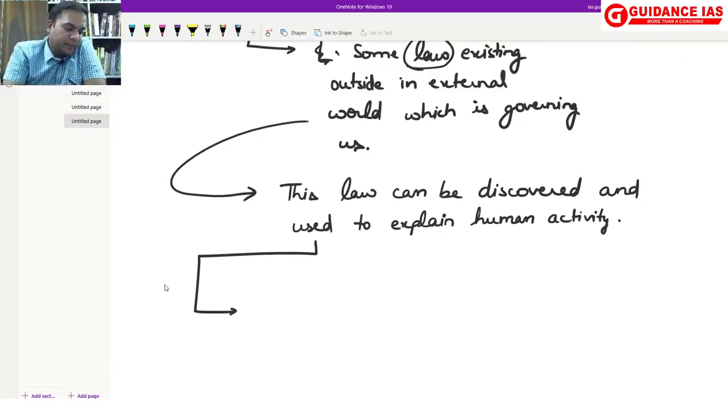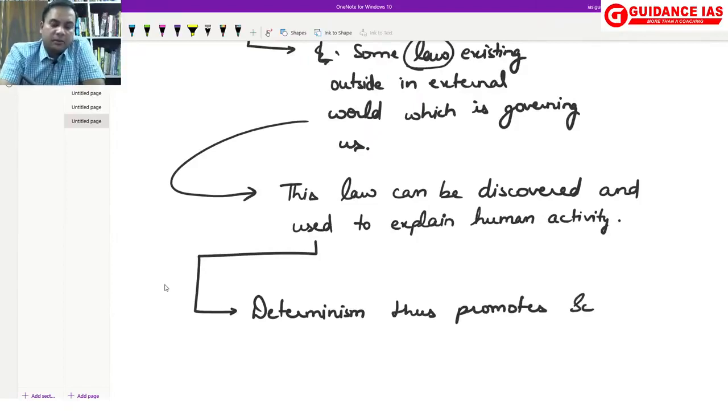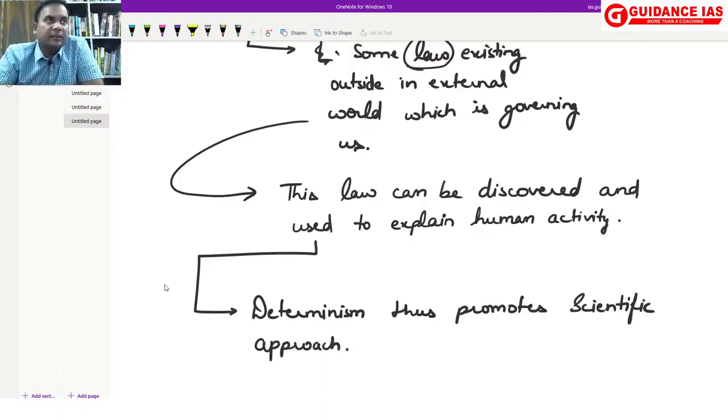Now if this is the case, can I say determinism thus promotes a scientific approach, because that is what science is also saying. We have seen this. Determinism is thus promoting a scientific approach.